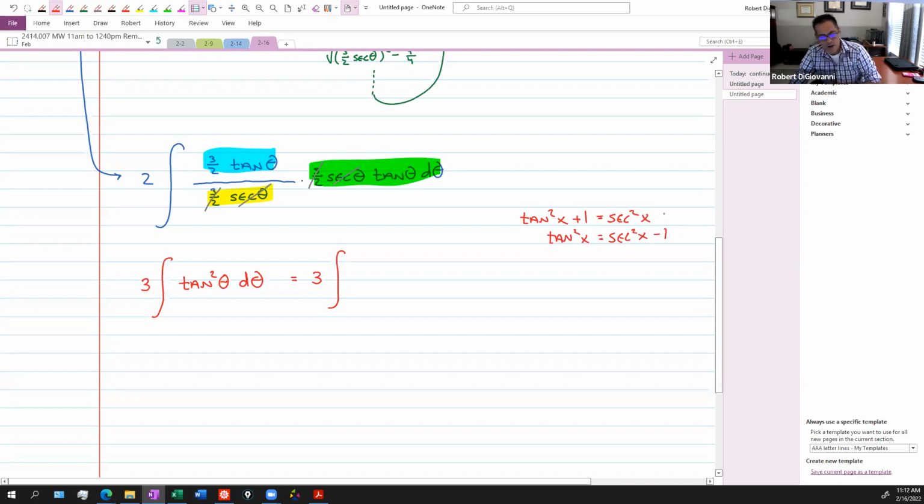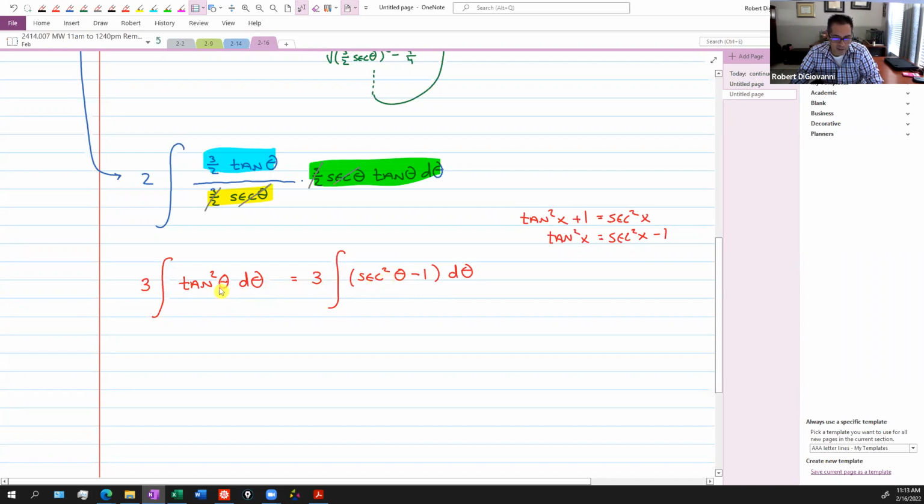Now you're sitting there going, why in the world would we do that? Well, if we rewrite this as secant squared theta, remember it's theta, not x, minus 1, that's the same exact problem, right? But the advantage of this is that I know the antiderivative of secant squared, right? The antiderivative of that is tangent, isn't it?